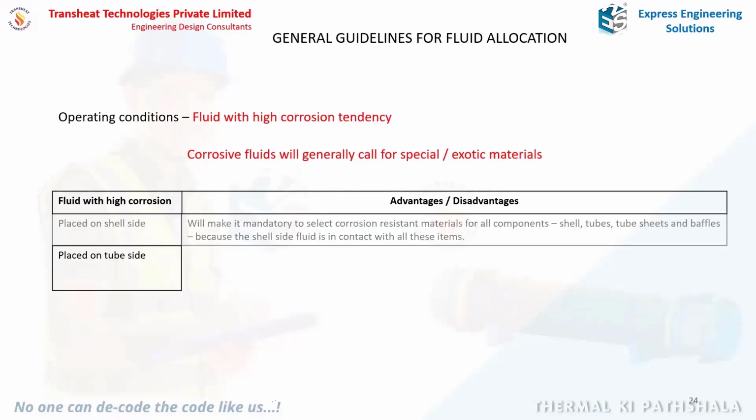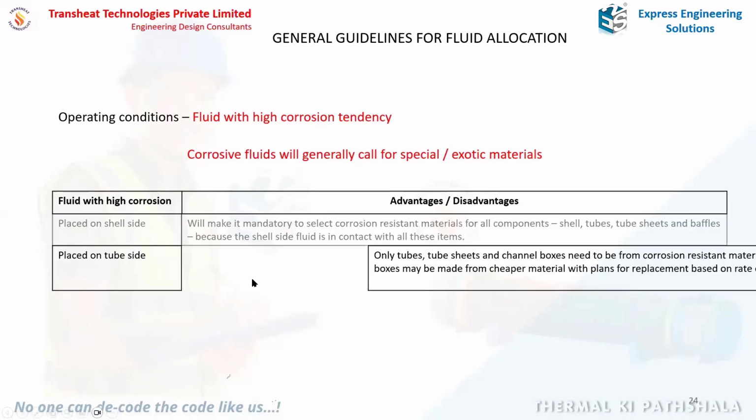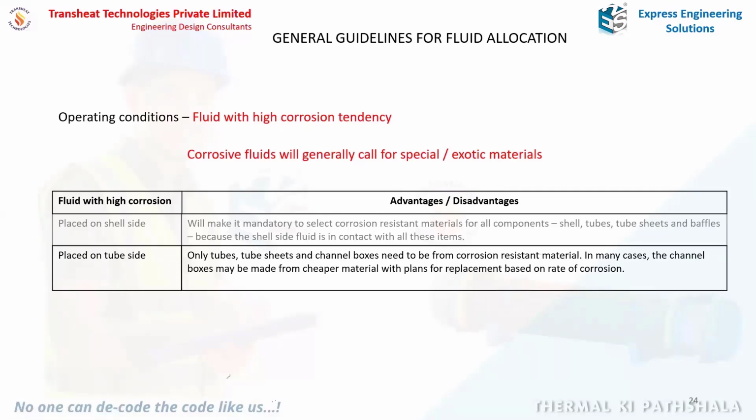Now, when you place it on the tube side, it's only the inside of the tubes, the tube sheet and the channel side which need to be of the exotic material. In many cases where we use exotic materials, it is general practice to use a cheaper material for the channels and plan for frequent replacement as and when required, so that your initial expenditure is not more.